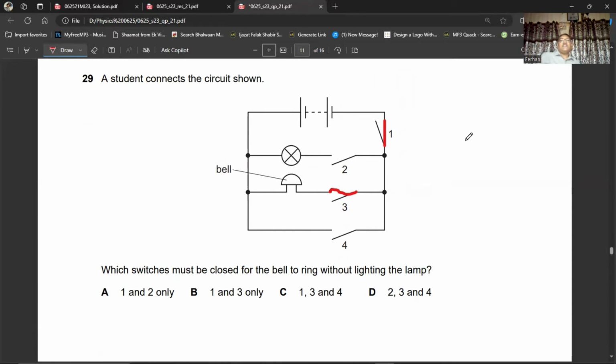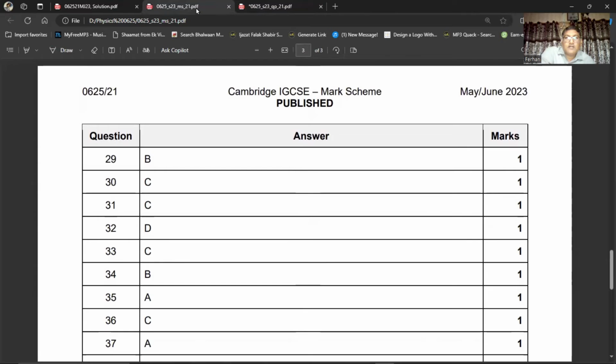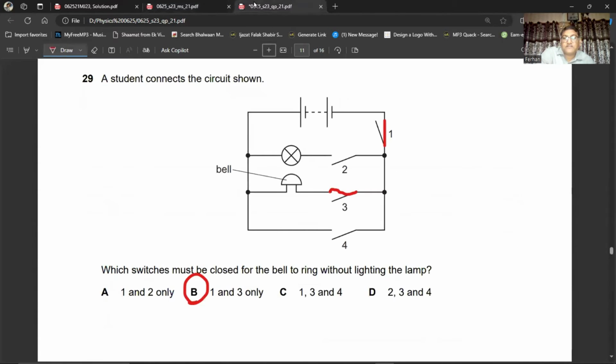So close switch 1 and 3 and the bell will ring, but the lamp will not light. Okay, so 1 and 3. So I think B is the option, sir. Question number 29, B is the right answer, sir.